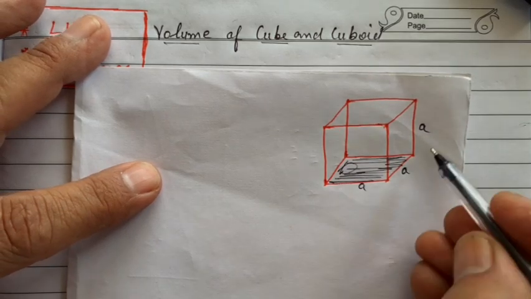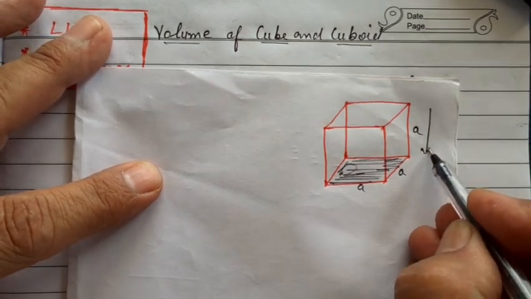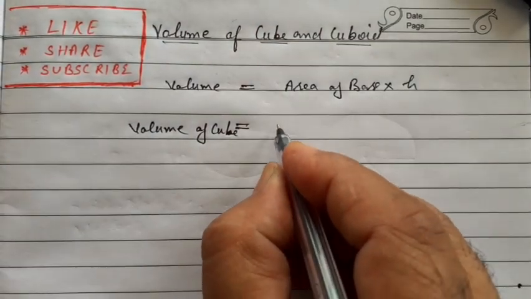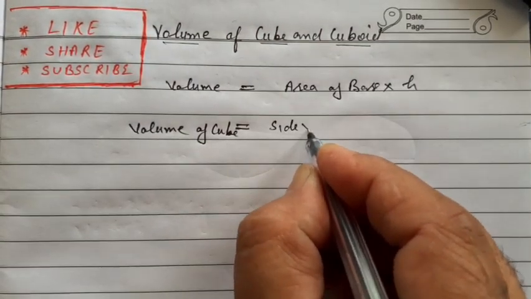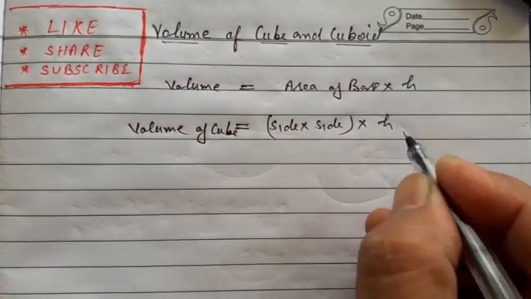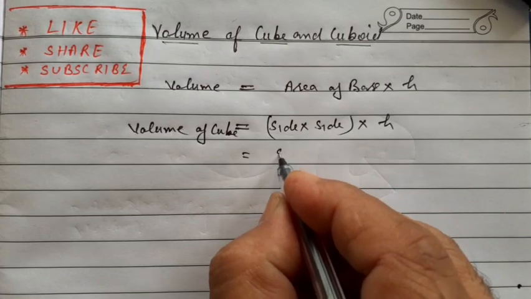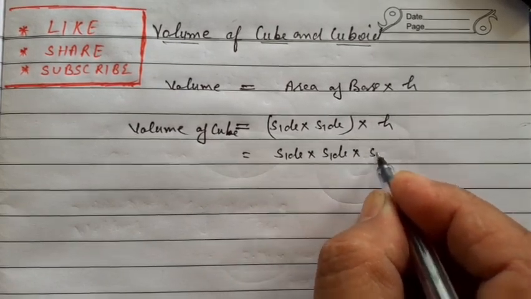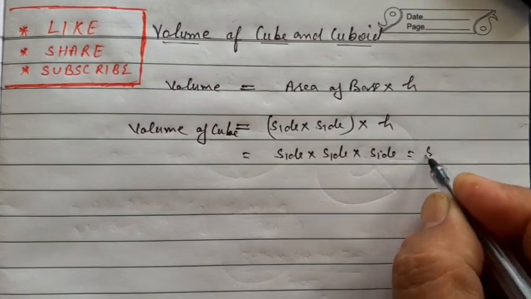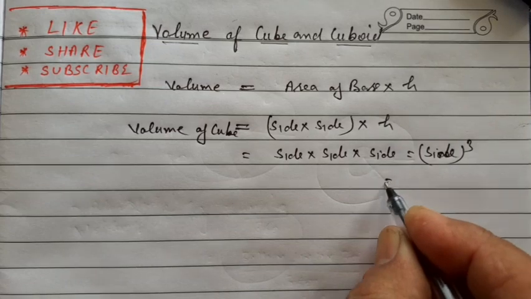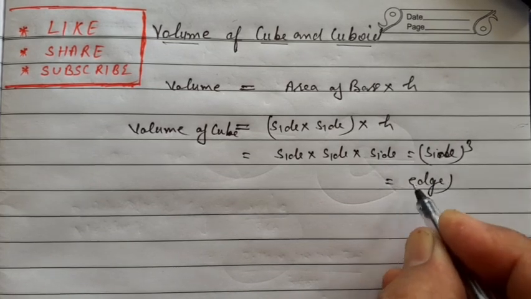So area of base into height, so area of base is a square, that is side into side into height. All sides are equal, so side into side into side, that is side cube, or we can say edge cube.